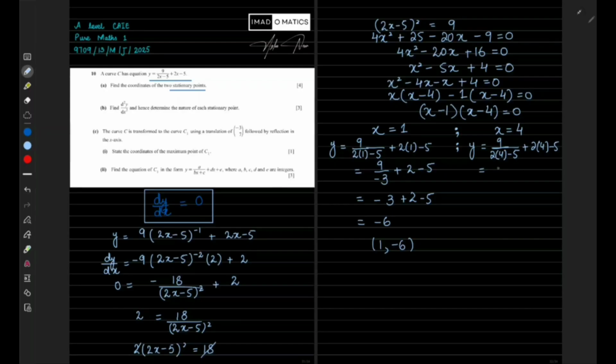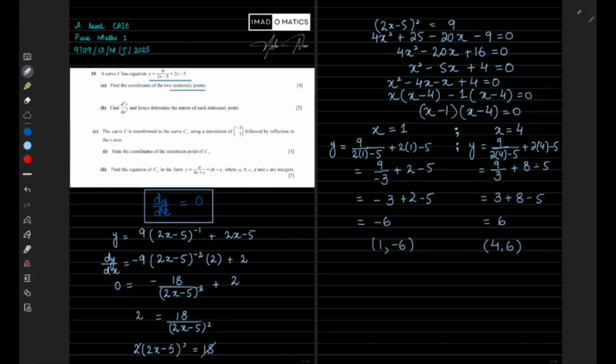That gives you 3 plus 8 minus 5. 3 plus 8 minus 5, 11 minus 5 is 6. So that gives you 4 comma 6 as the other stationary point.